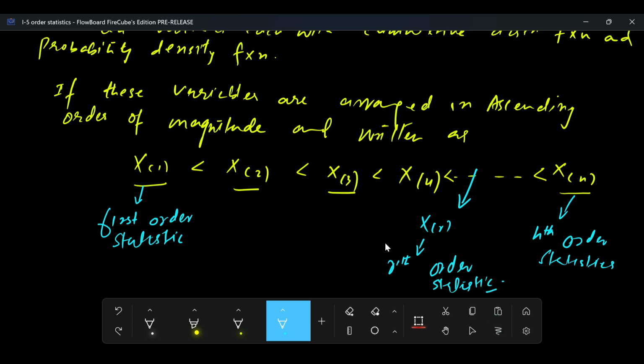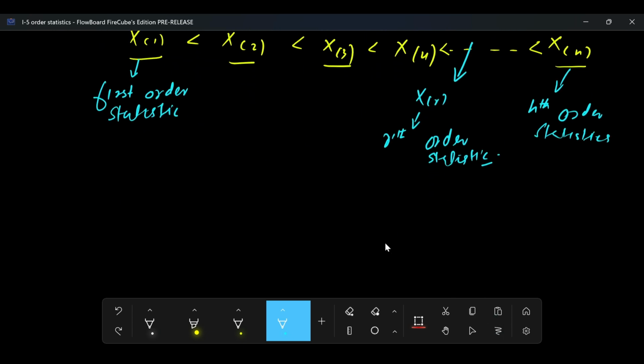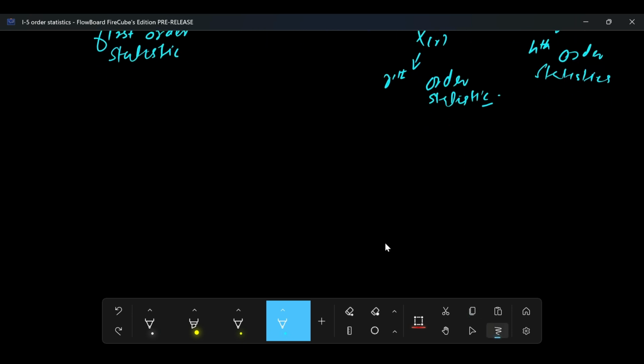So order statistic is simply when we arrange our random variables in order. Like we talked about the x1, xr, xn. These three are most important.